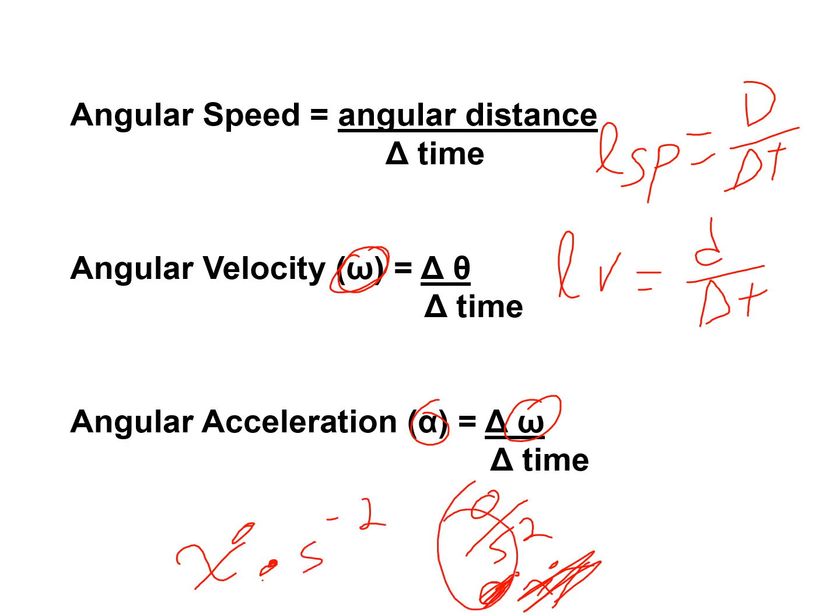But our linear acceleration, once again, was a change in linear velocity, usually measured in meters, over a change in time, okay? So it'd be meters per second squared, okay? So once again, these are the angular components of motion, or angular kinematics, and they're very, very similar to our linear kinematics as far as how we calculate them.